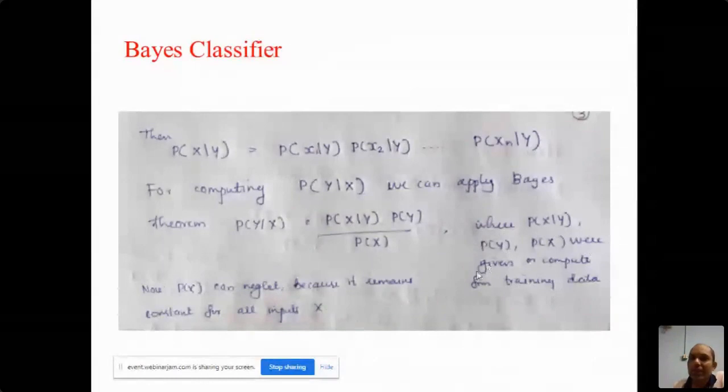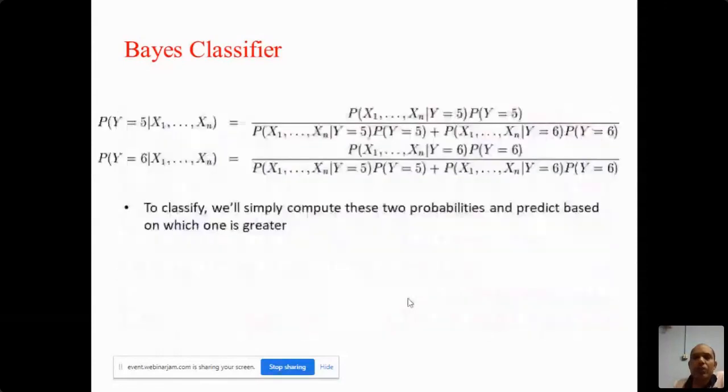So from the training data set, you have to calculate all these three, based on the new data point. Later it will be clarified with the example. If you have multiple values, for example here the classes are 5 and 6, and the data point features are x1 to x2, you have to apply it in this way.